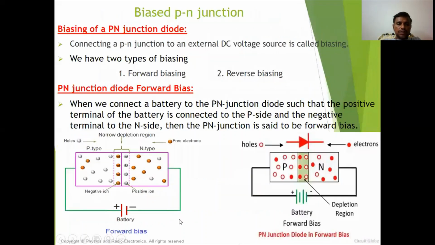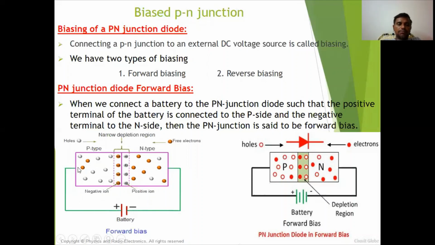So what we have seen here is, due to the recombination, the electrons in the n-type and holes in the p-type, that means electron-hole pairs, will disappear. To compensate that, the electrons will be supplied from this negative terminal. Suppose one electron is gone at this point due to recombination, the corresponding electron is replaced from the negative terminal.